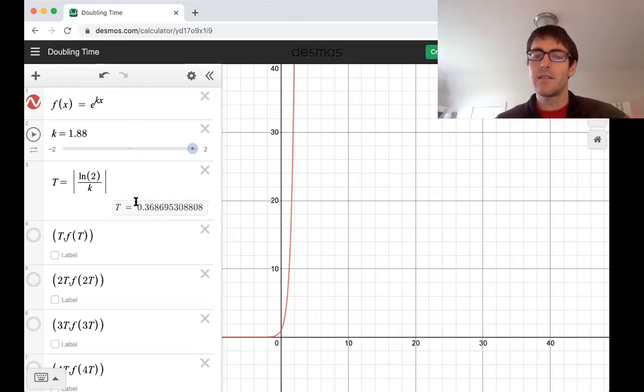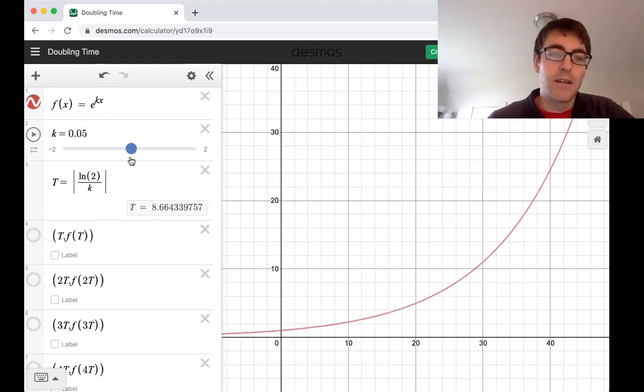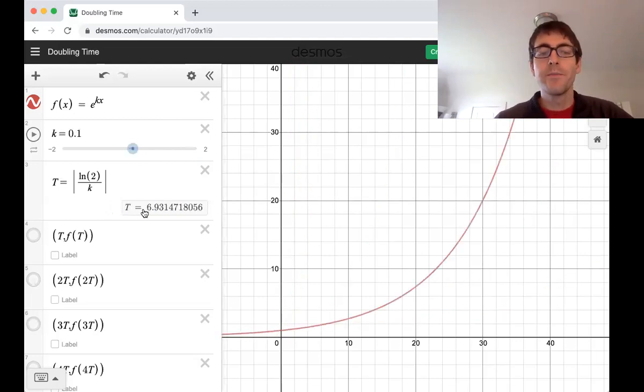And the analogous part of that is that the amount of time it's going to take for our function to double is going to be a really small thing. If we're back down to something like a k of 0.1, our doubling time is around 7, so 7 minutes. So I also want to plot a few points here.